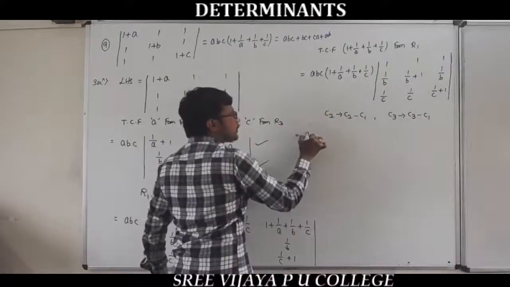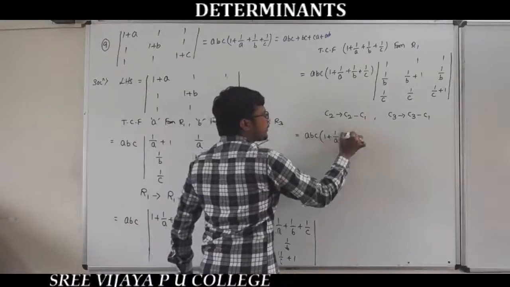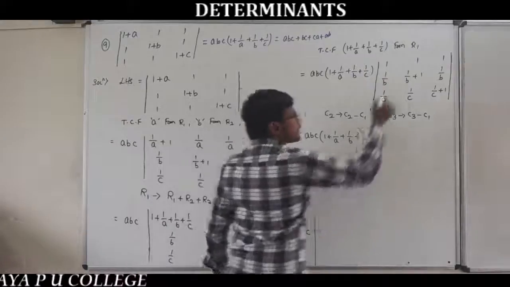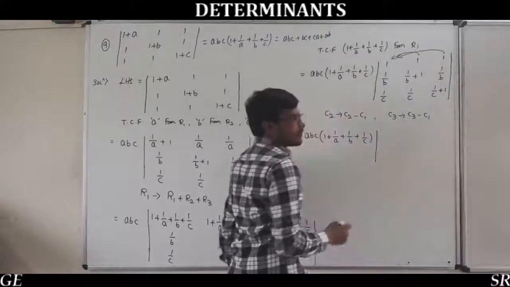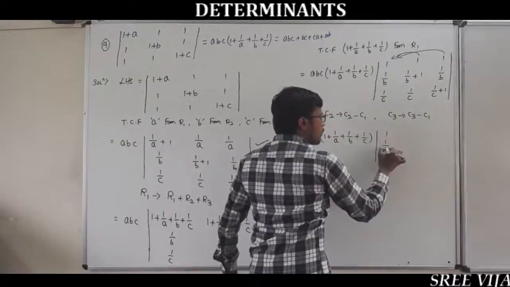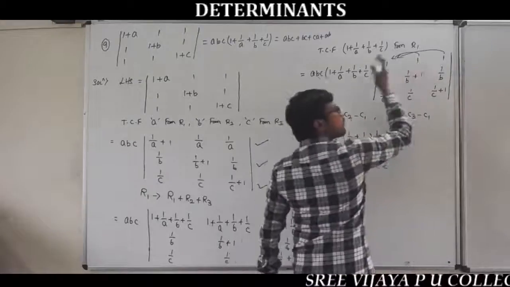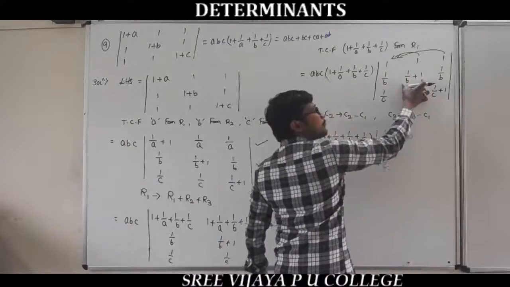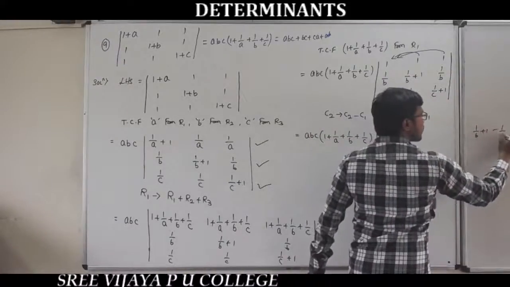So that equals ABC into 1 plus 1 by A plus 1 by B plus 1 by C. This column minus this column, same, this column minus this column. So 1 by B, 1 by C as it is. Column 2 minus column 1, right? 1 minus 1, 0. 1 by B plus 1 minus 1 by B, so 1 by B plus 1 minus 1 by B, right?